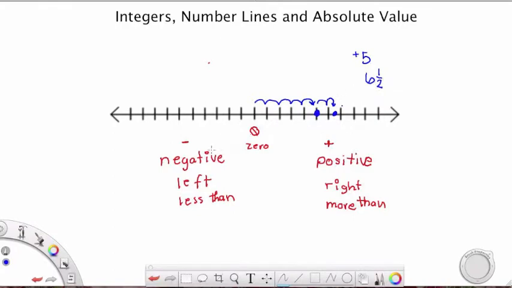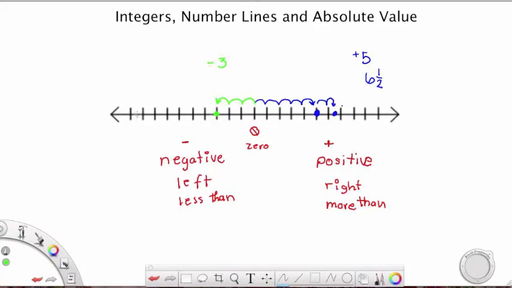I think I'm getting the hang of this. Let's change things up a little bit. Let's go over here, right about here. This green dot is to the left of 0, or less than 0, so we'd go 1, 2, 3. It's 3 to the left, so it is negative 3.